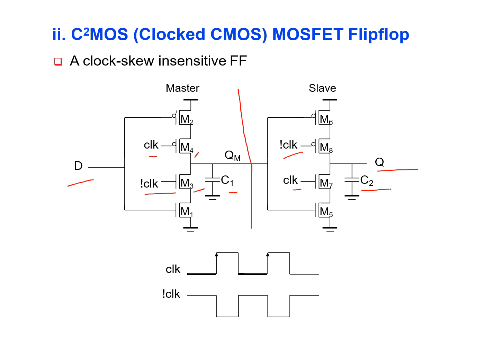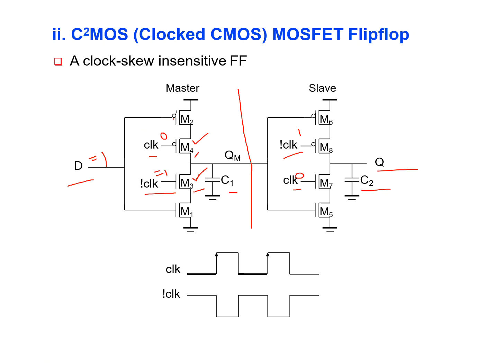Now let us consider when the clock is 0. I am considering the clock here as 0, and hence automatically my clock bar is 1. Now M4 is on and M3 is on, and based on the inputs, let us say I give my input as 1. This acts as a simple inverter.